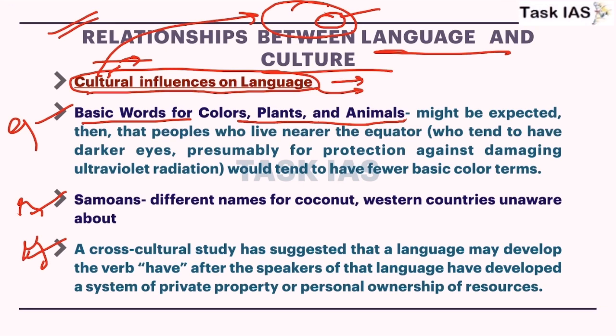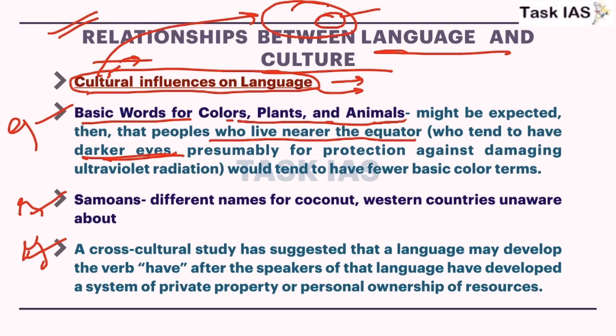Now, basic words for color, plants and animals. It was observed that people who live near the equator, who have darker eyes, have more contact with darker colors, because green is also very dark at the equator, for example in the Amazon forest.